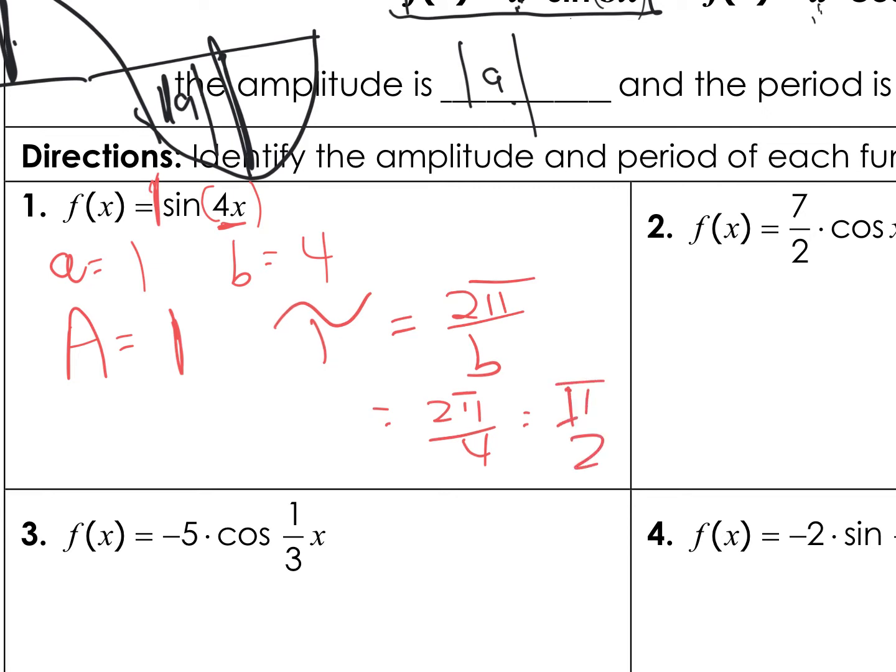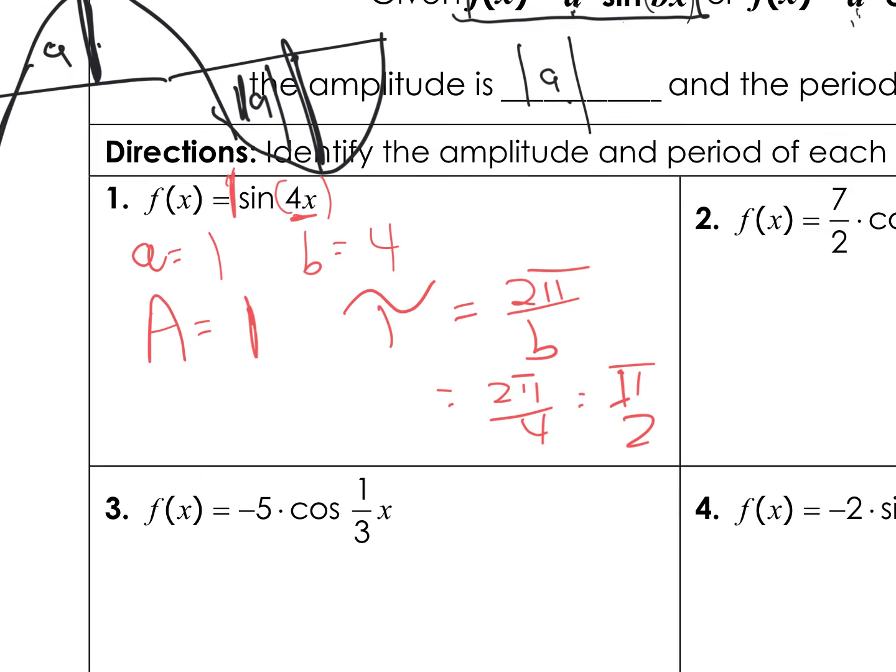When Adam graphs this with his calculator, and I hope the rest of you do, how many calculators are out? Not that many. If you graph this one, I got 1.57. Where are you at? On number 2? Okay, no, number 1. Pi divided by 2 is 1.57 something. Exactly. You will notice that the first one finished at 1.57, right?